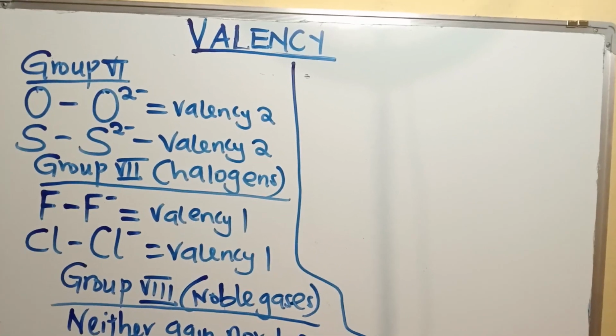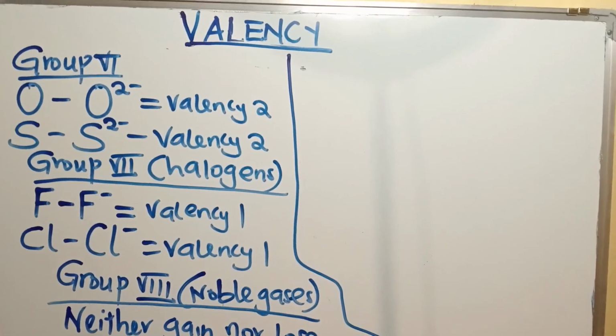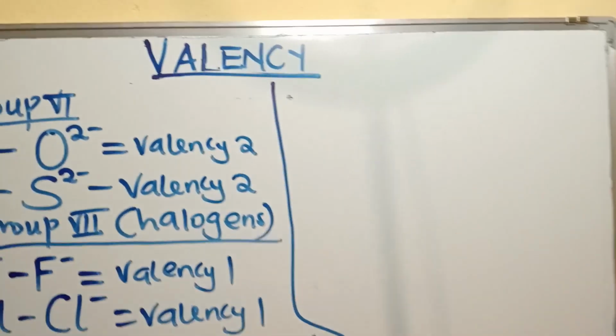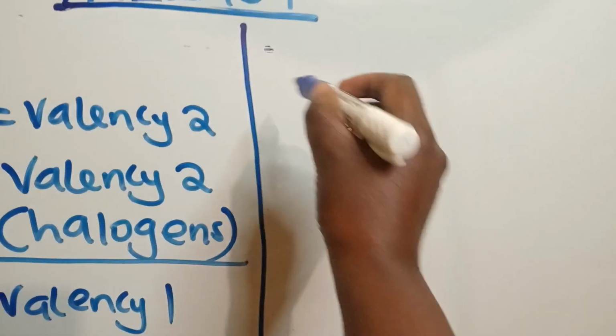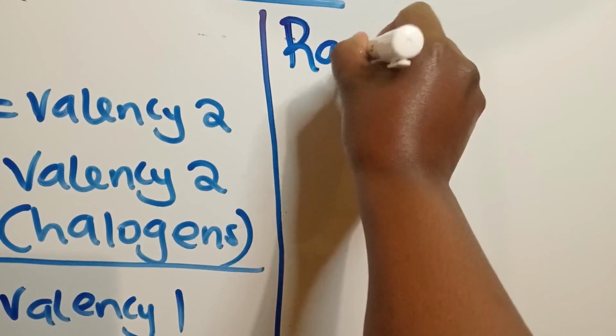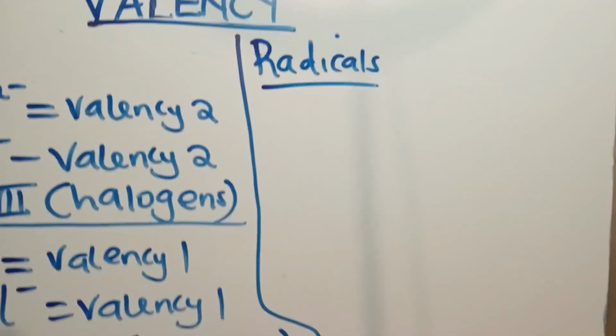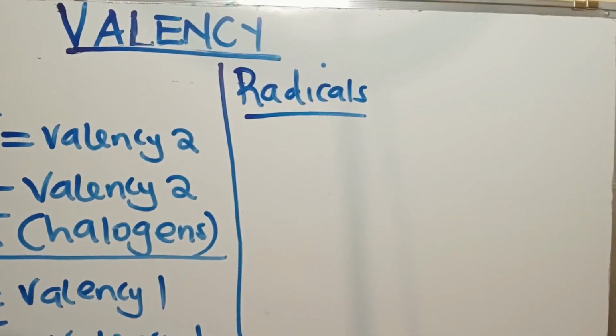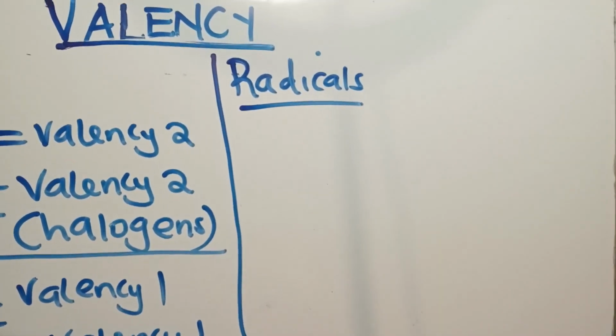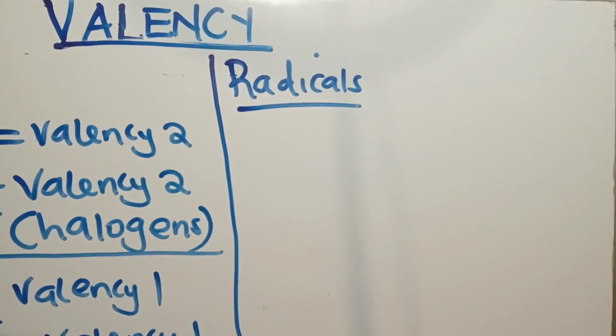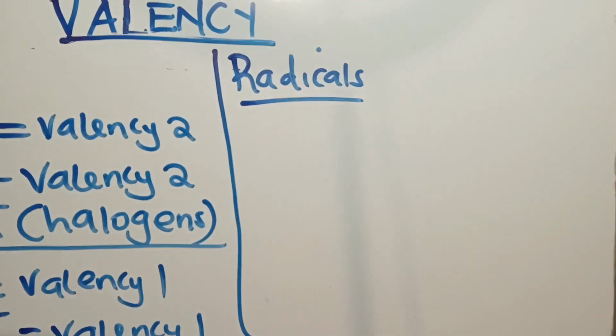Before we begin the second way of determining the valency, I don't want us to forget that we also have radicals that we also use in the writing of chemical equations, and we also require to know how their valencies are determined.